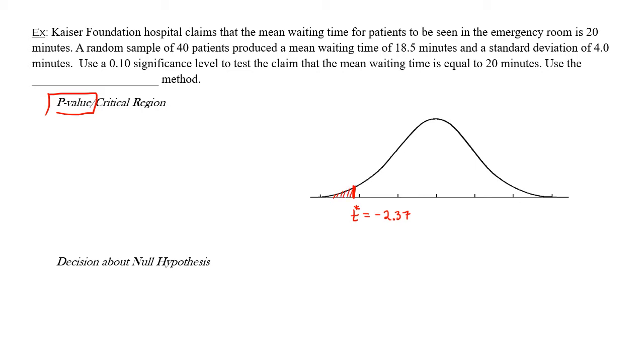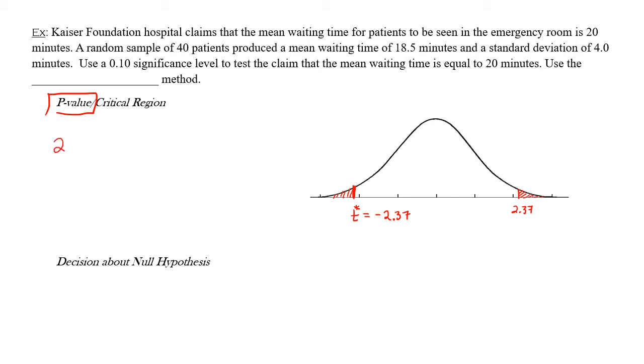I'm going to compute the area of this region here, but then I'm going to double that to account for the second tail as well. These two tails have the same area.